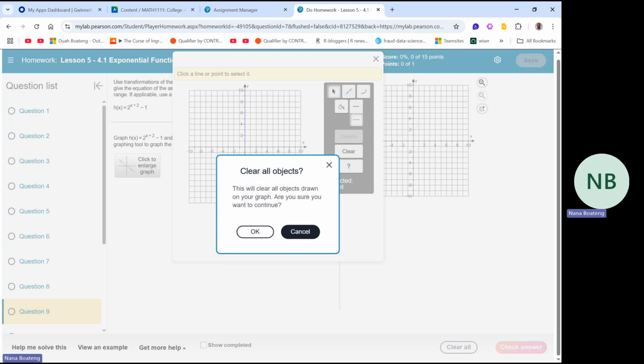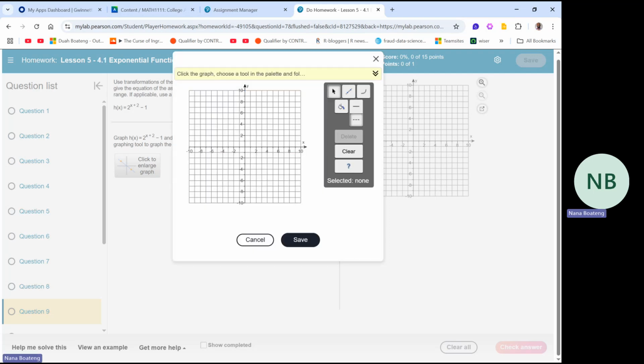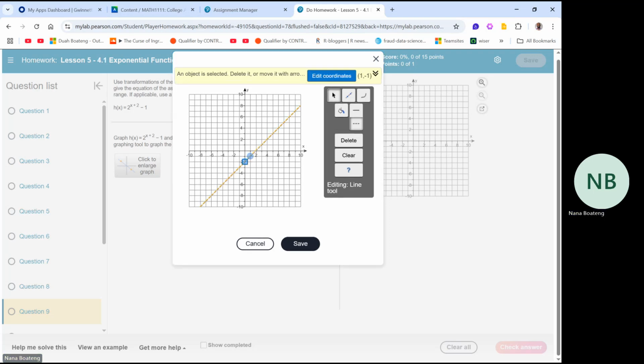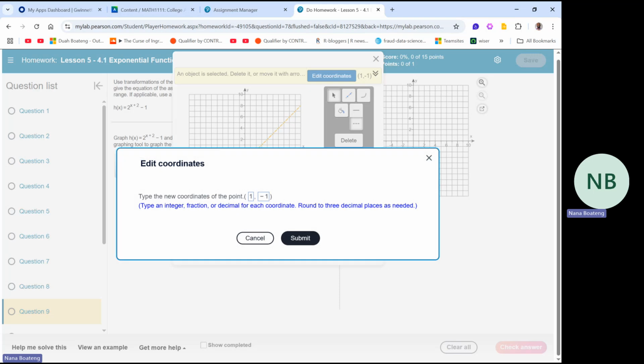Let me clear again. Let me edit coordinates now. This is 0.